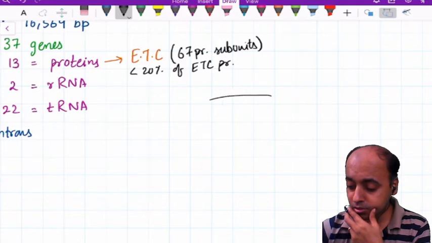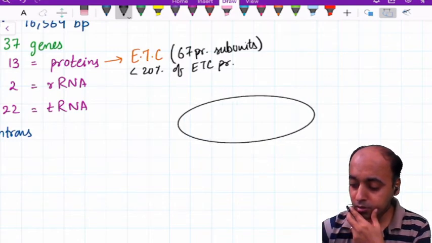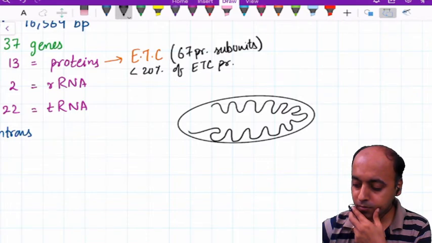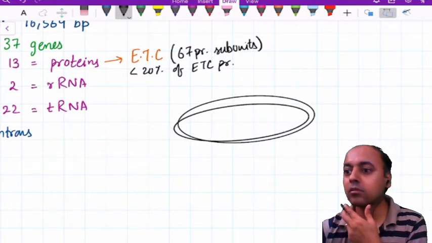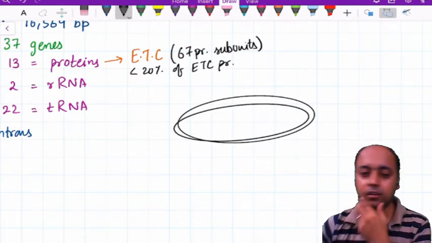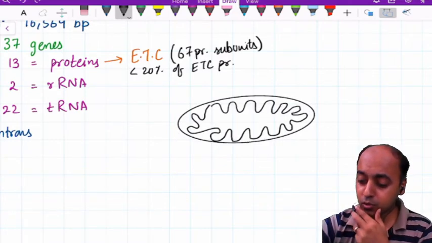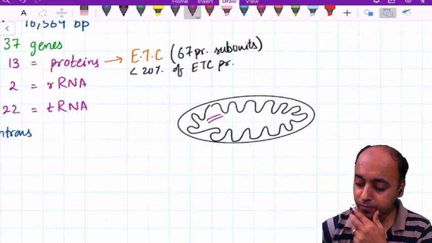This is the structure of the mitochondria, and here suppose the DNA is there.